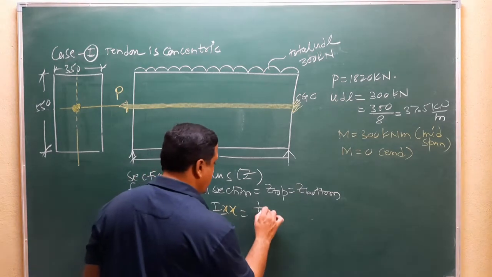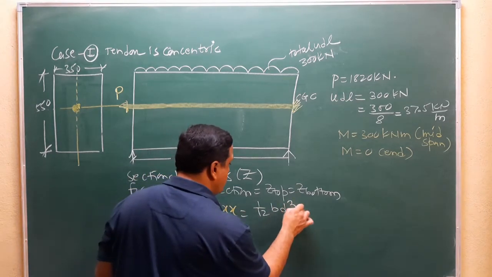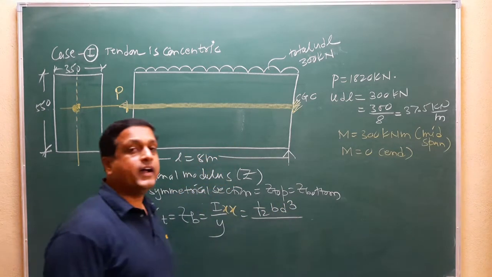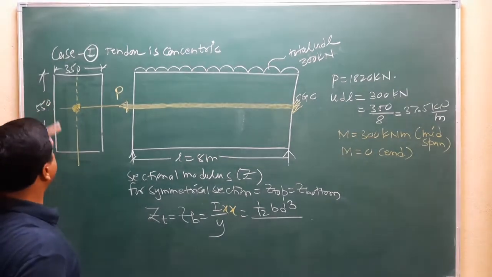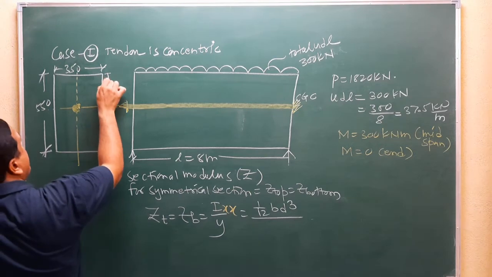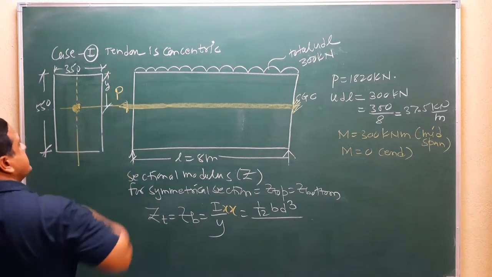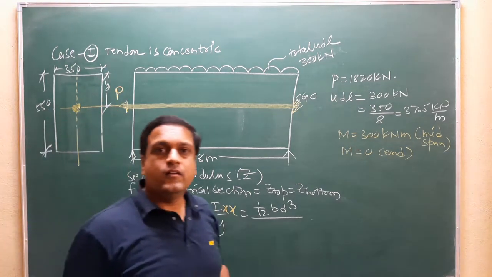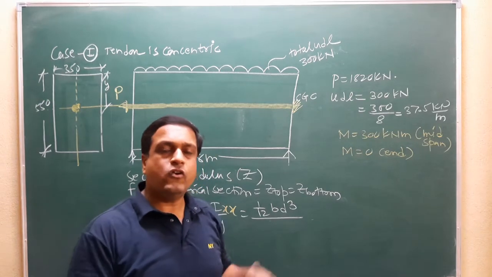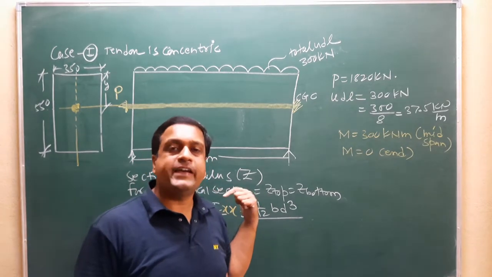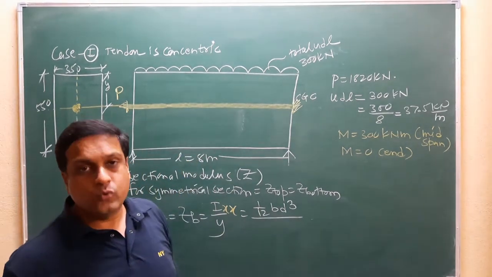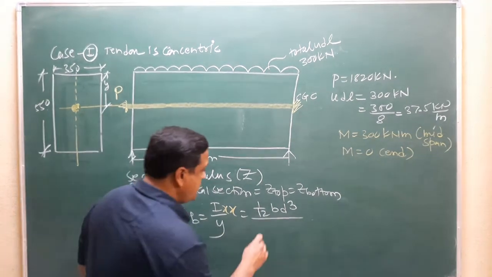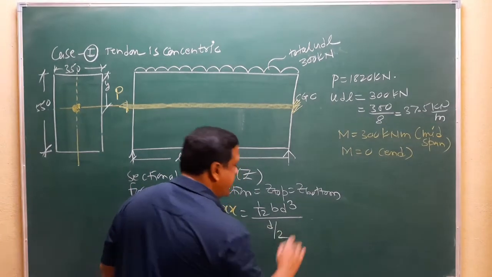We know that 1 by 12 BD cube is the formula of Ix. Now what is the Y? Y is nothing but exactly half of the depth, depth by 2. We have already done these things in SOM 2, in direct and bending stresses.